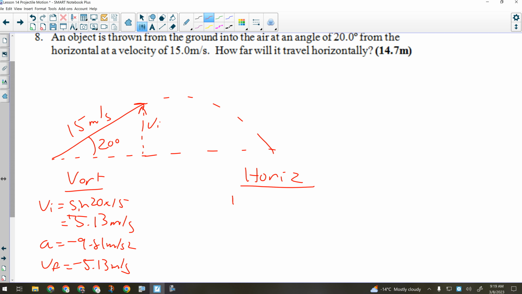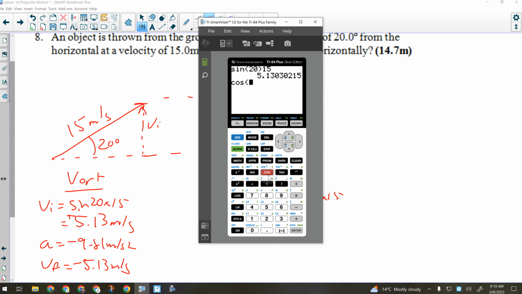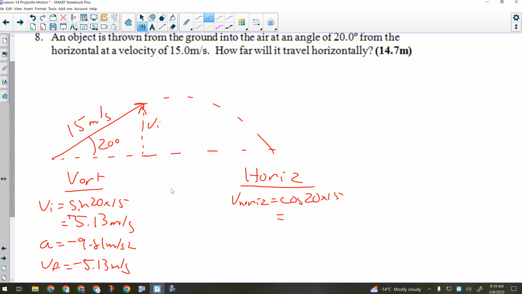Horizontally, same calculation, cos of 20 times 15. That is 14.10, let's say, meters per second. We got to find our time again.